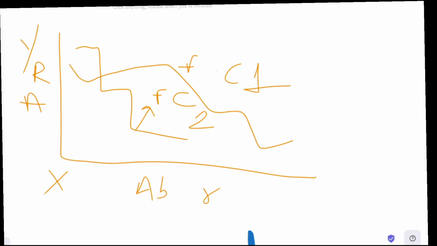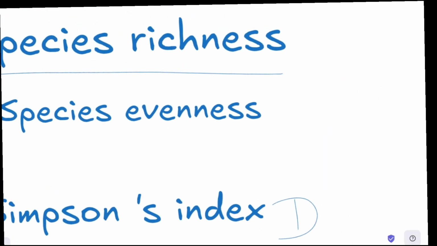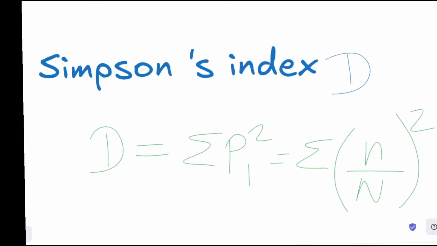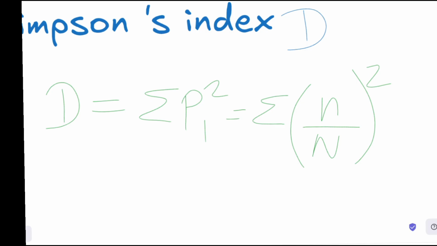Now let's know about the Simpson Diversity Index. We know what species richness and species evenness are. Simpson Diversity Index is a simple mathematical measure that characterizes the species diversity in a community. The term Simpson Diversity Index can actually refer to any one of two closely related indices, like the Simpson Index or the Simpson Index of Diversity.